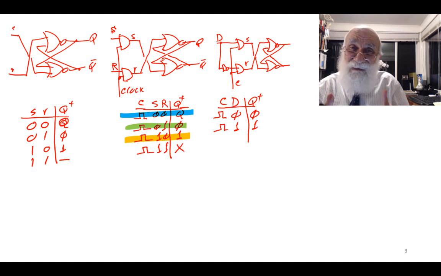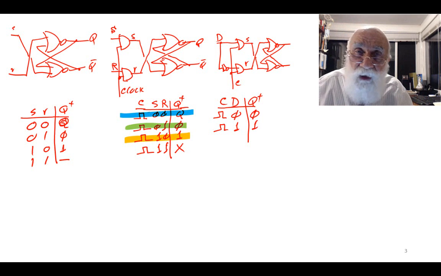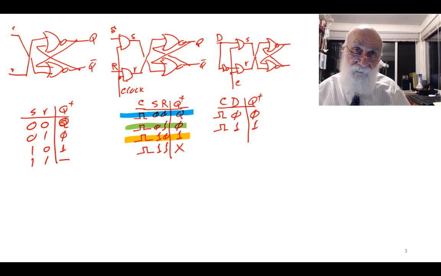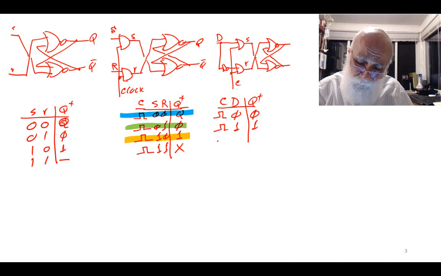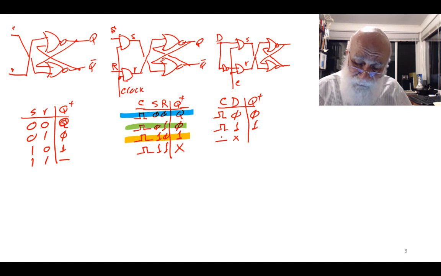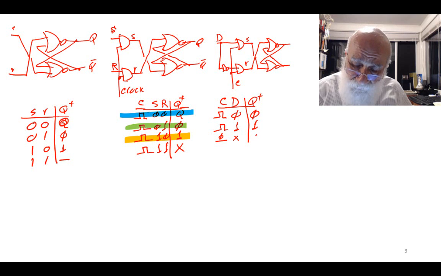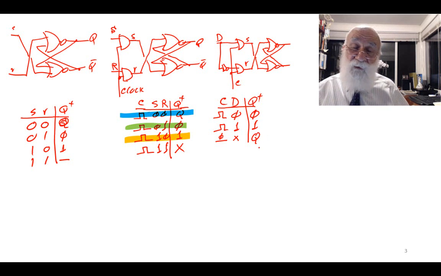What it means is whatever was on D at the time of the clock is kept, is saved, is memorized in my output. And then, what if I don't have a clock? If I don't have a clock, that means it's a 0. Whatever is on D, 0 or 1, doesn't matter. Q goes into the output. That means my output keeps its value.